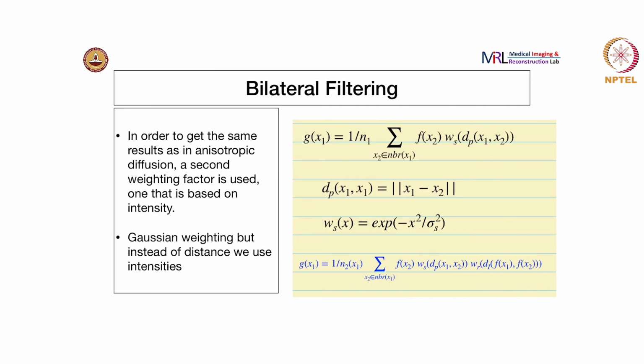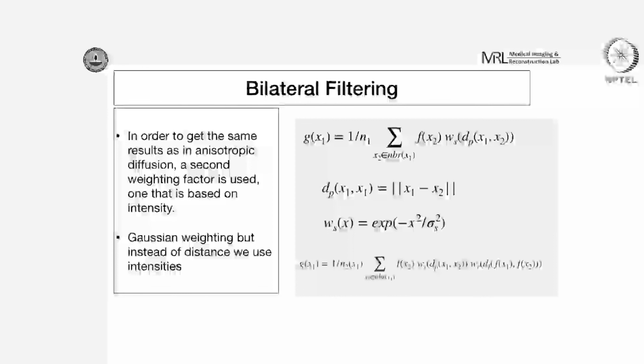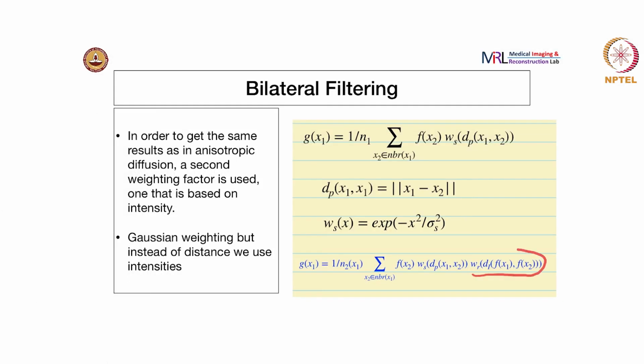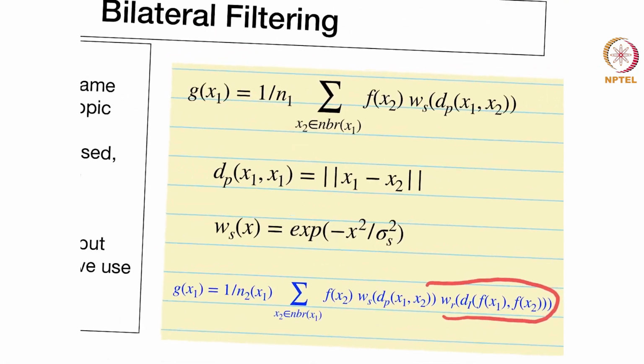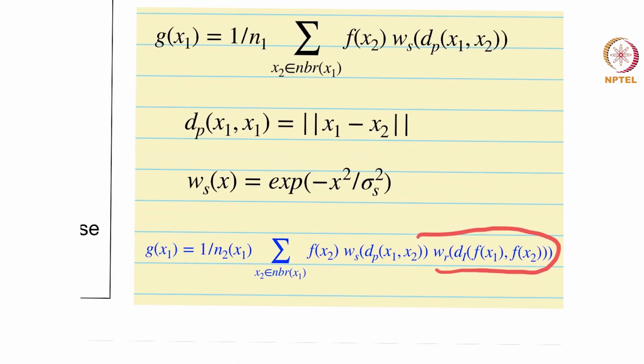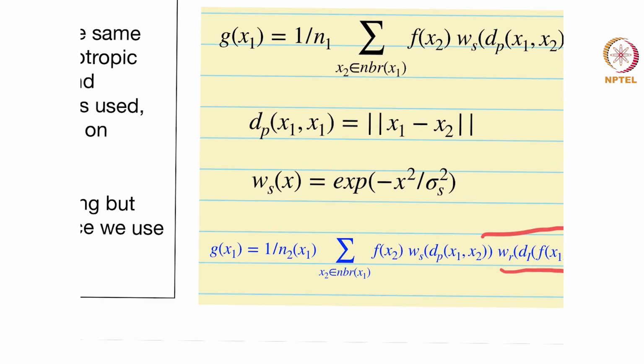What is the other version of the same thing? You further weight it with what you call the W_R here. I hope you can see this, I'll zoom this in. So the W_S, we saw until now.